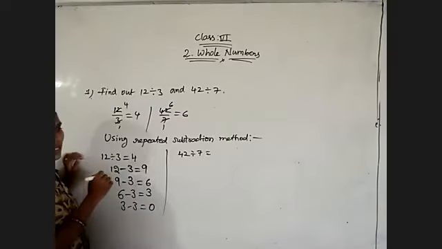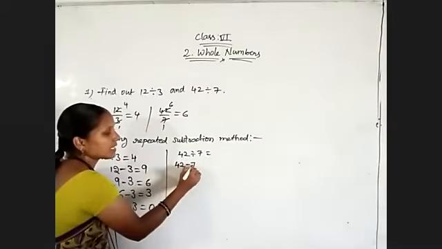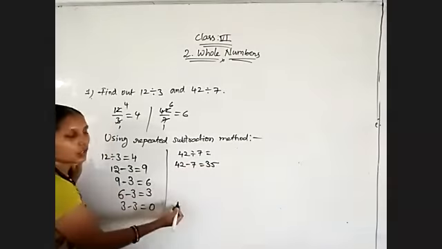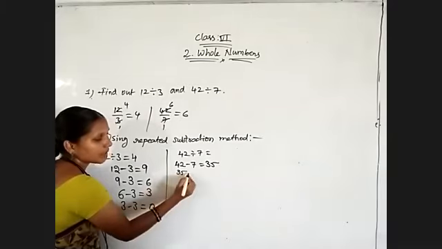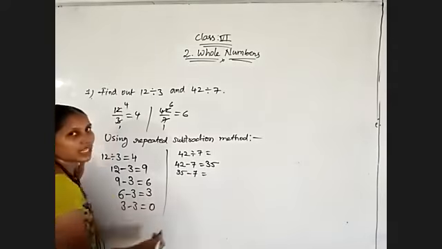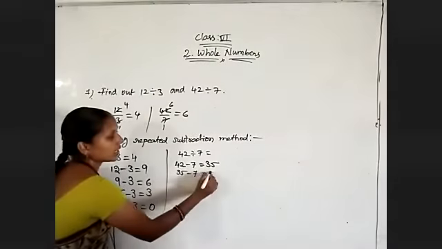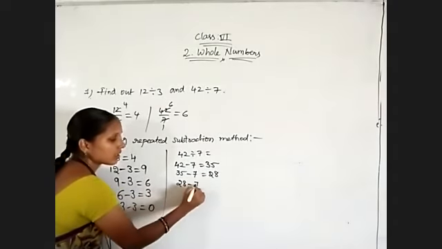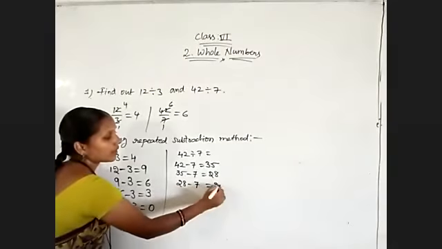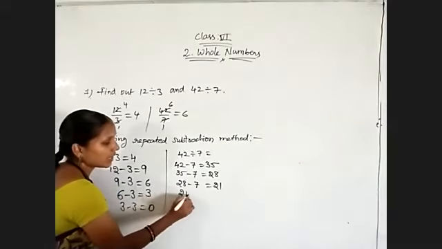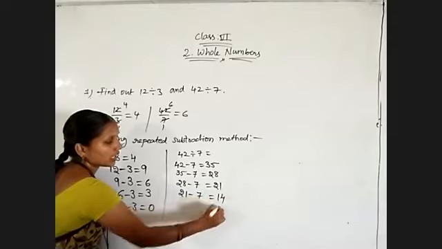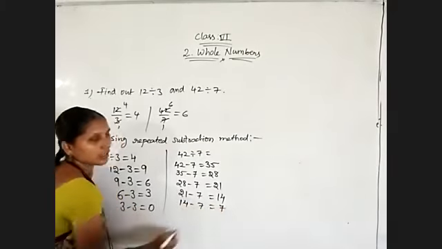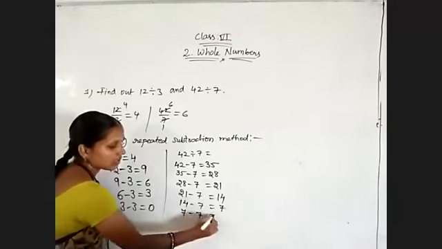Using the repeated subtraction method: 42 minus 7 is 35. 35 minus 7 is 28. 28 minus 7 is 21. 21 minus 7 is 14. 14 minus 7 is 7. 7 minus 7 is 0.